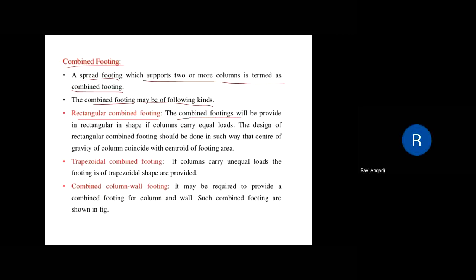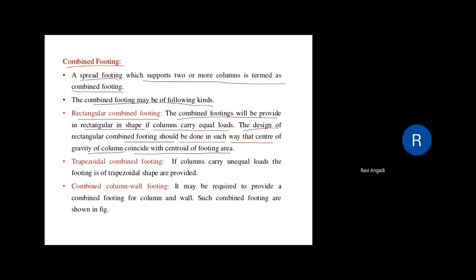The combined footing will be provided in a rectangular shape if the columns carry equal loads. If the loads coming on both columns are equal, then the rectangular combined footing should be designed in such a way that the center of gravity of the column loads coincides with the center of the footing area.